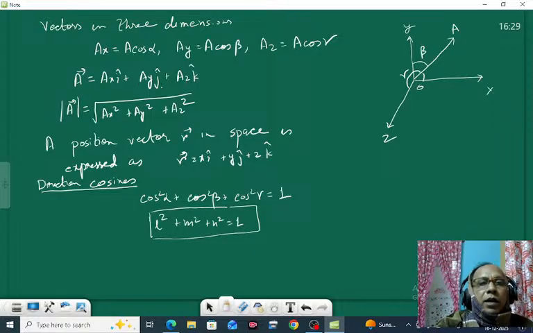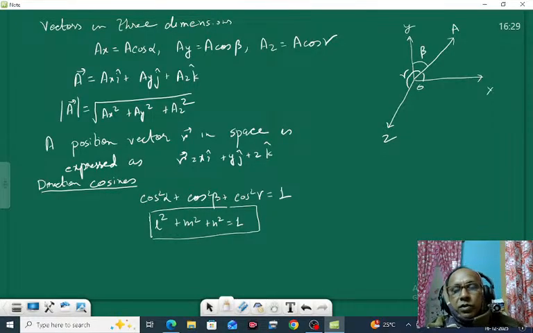And we also got cos alpha equal to Ax by A, or Ax equal to A cos alpha. Now we find the direction cosines: cos square alpha plus cos square beta plus cos square gamma equal to 1, or you can write l square plus m square plus n square equal to 1.